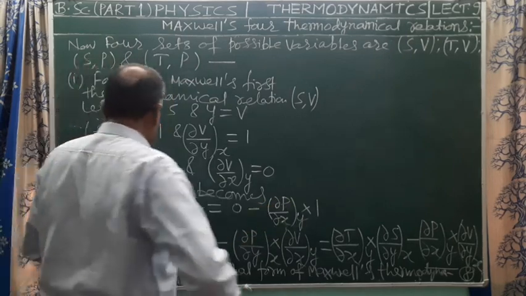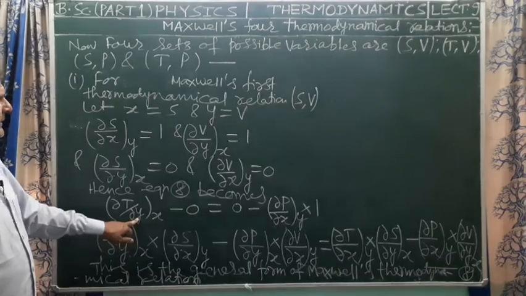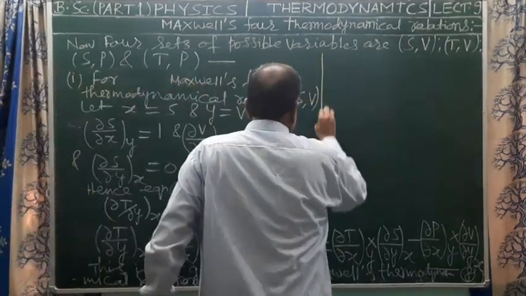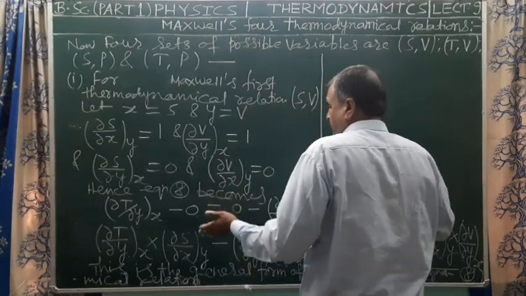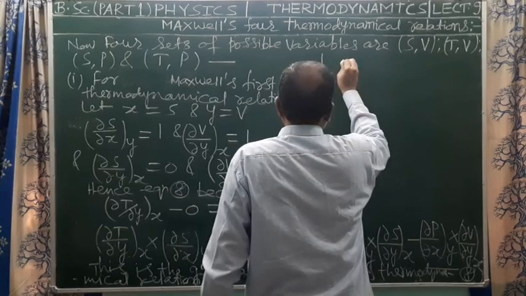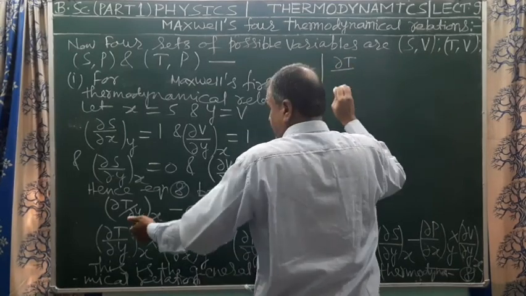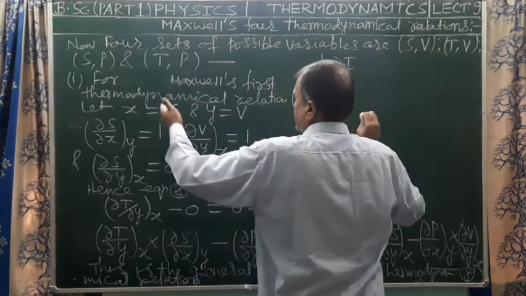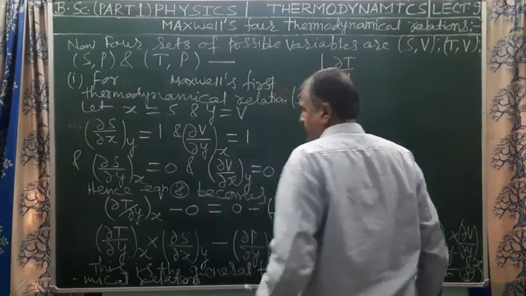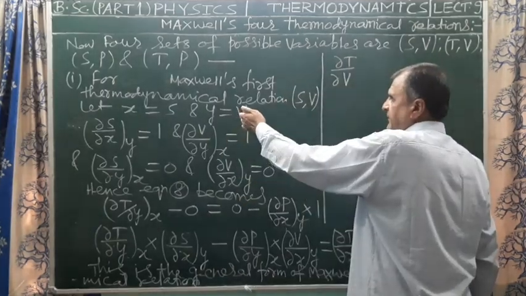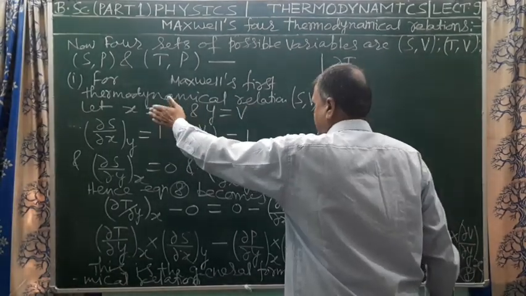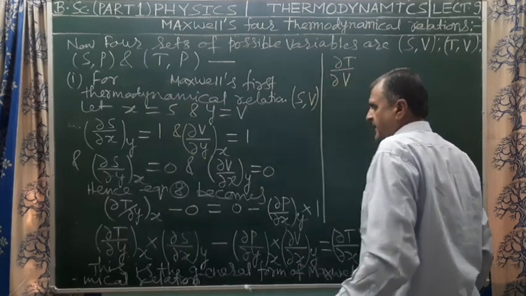So the final relation is, in place of y we can write V, and in place of x we can write S. So we will obtain Maxwell's first thermodynamic relation from the general equation 8, which is del T upon del y. So in place of y we have taken V, volume of the system, and x is equal to S, entropy of the system.